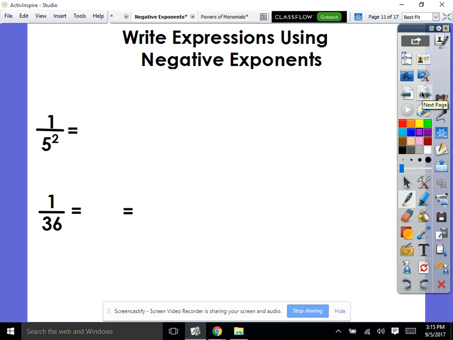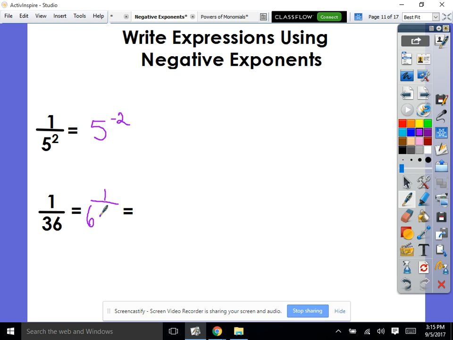All right, now what if we want to write expressions using negative exponents so that we don't have a denominator? Well, the same as we flipped it down on the bottom to get rid of the negative, we can flip it or use its reciprocal, flip it back up to the top, so that would be 5 to the negative second power. All right, so we need to know, is this a perfect square or perfect cube?